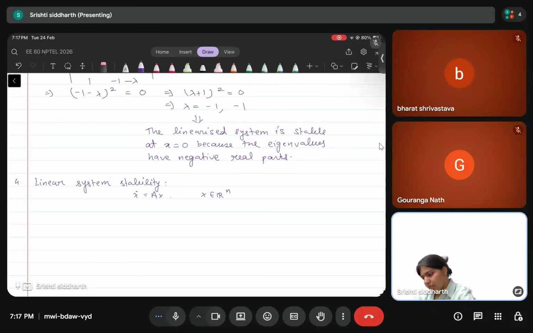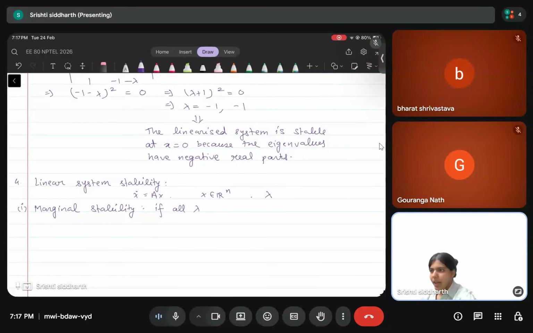So this is marginal stability. I'm going to write the eigenvalues as lambda.